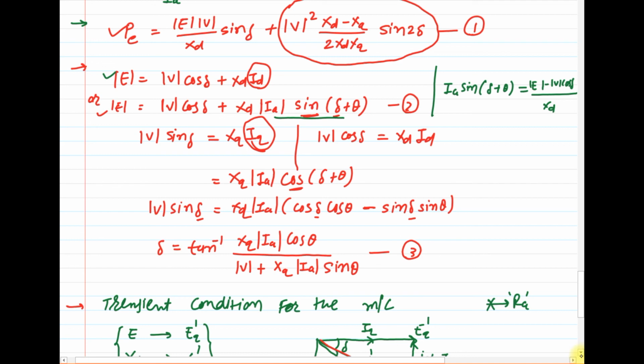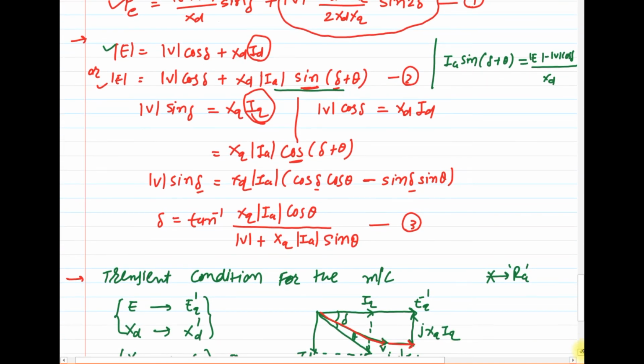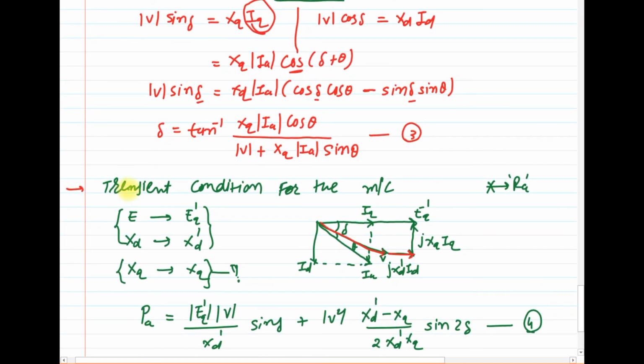Clear? Now just consider the machine will transform from the steady state condition to transient condition. That means due to some abnormalities, the machine will transfer from the steady state to transient condition.